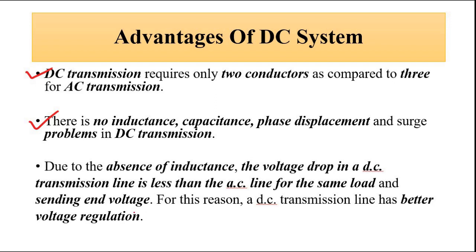So the voltage drop across the inductive reactance, there is no such thing in a DC system, for the same sending and receiving voltage. Okay, so it has better voltage regulation. Again, because of lack of frequency dependent components, it has less voltage drop.